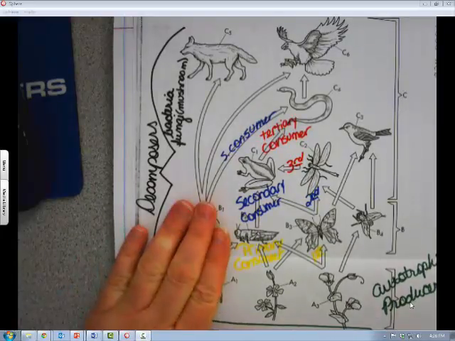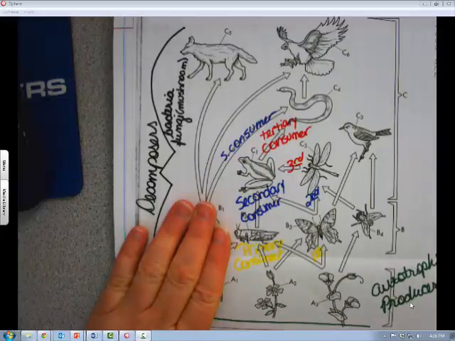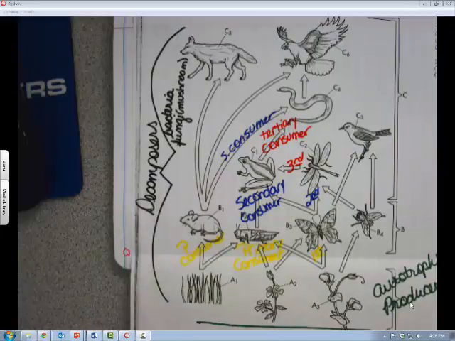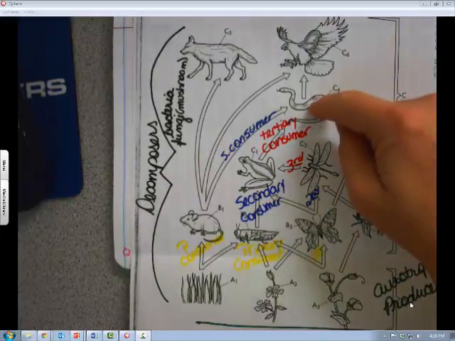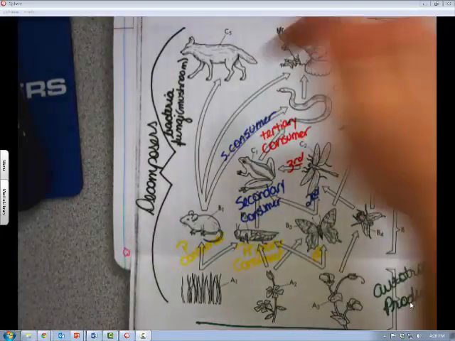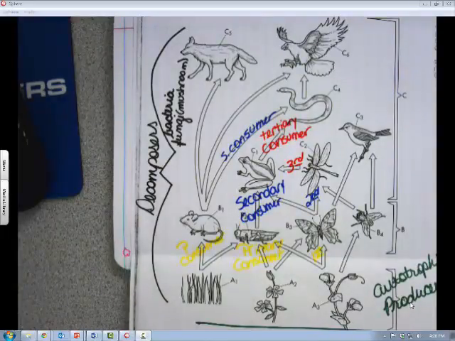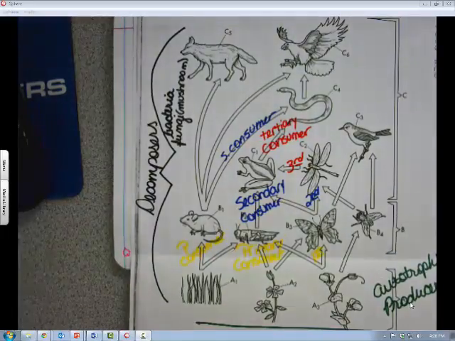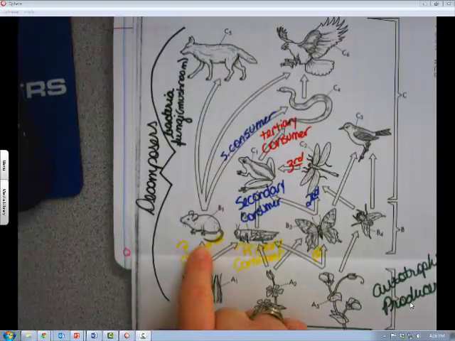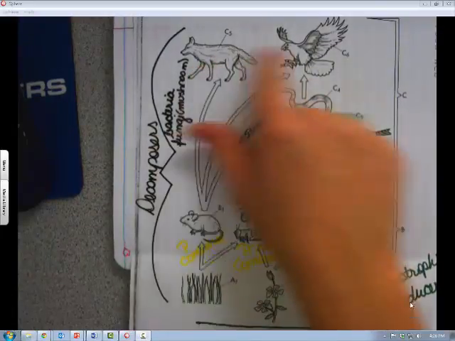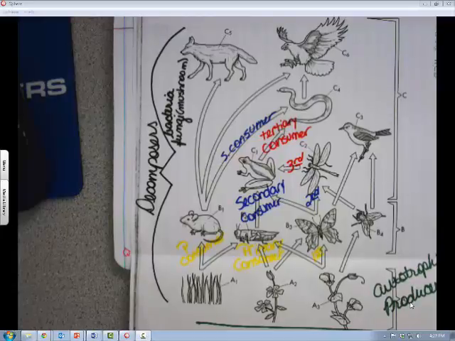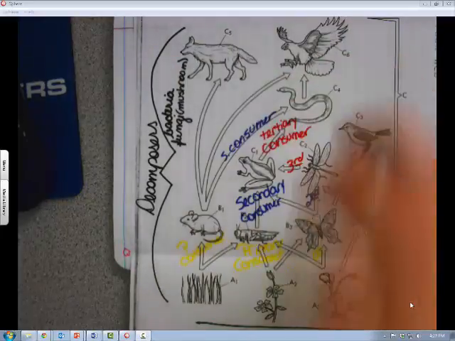For example, if something happened to the mouse population and all the mice died, what effect might that have? Well, you can bet that the snakes, eagles, and coyotes would be affected because they all feed on this mouse. That would probably be a pretty harmful thing to happen for these up here.